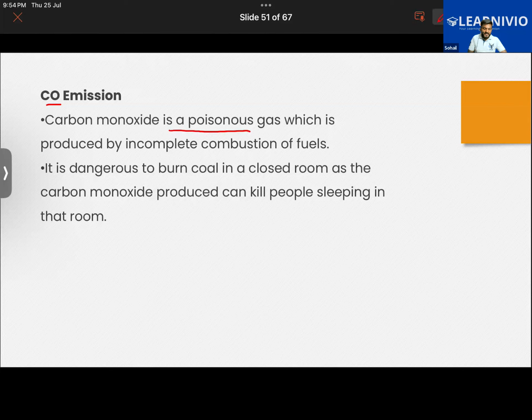If someone were to burn coal in an enclosed room, with an insufficient supply of air, rather than producing carbon dioxide, the coal will give off carbon monoxide, which can kill people in their sleep and leads to a slow death. The person would be suffocating and he will die.